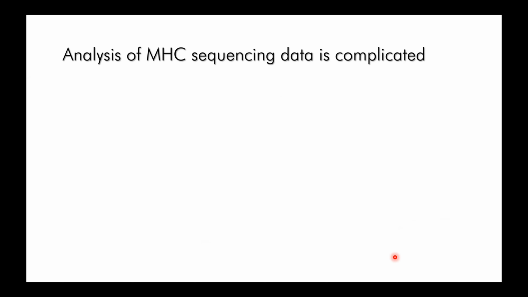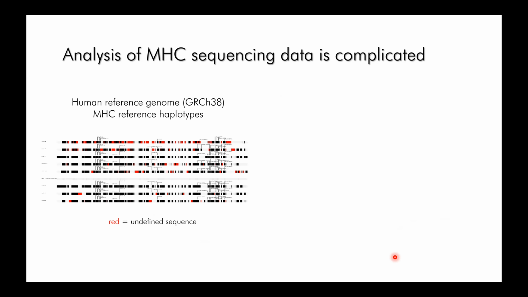Allow me to present two little pieces of evidence in support of that statement. So first of all, what we're looking at here is a visualization of the alternative MHC haplotypes of the human reference genome. The human reference genome contains, for a number of regions, and the MHC is one of them, alternative haplotypes to basically model and characterize the genomic complexity of these regions.